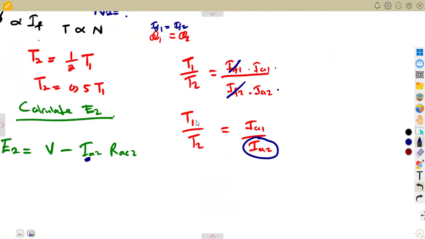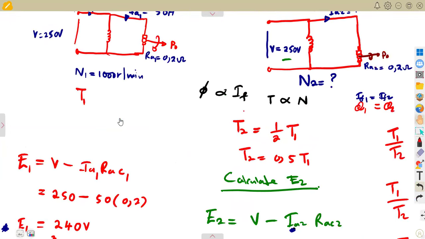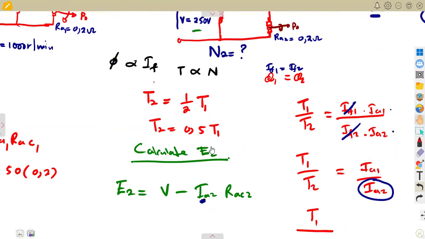Given the relationship between T1 and T2, T1 we do not have, so we just write it as T1. But T2, remember, is given in terms of T1. T2 is equal to 0.5 of T1.